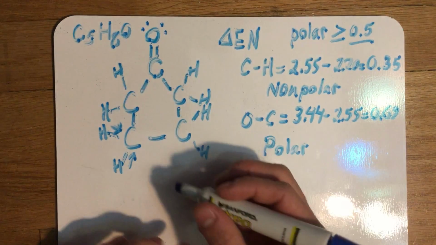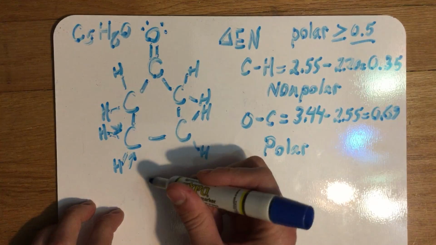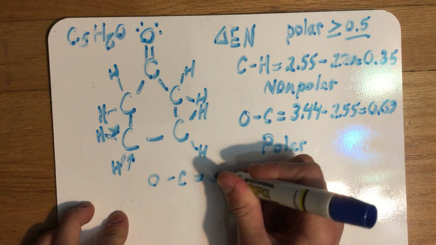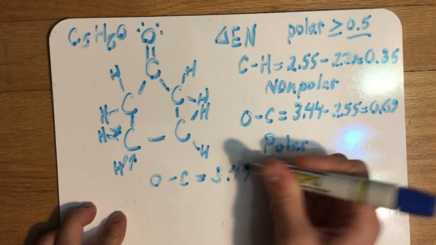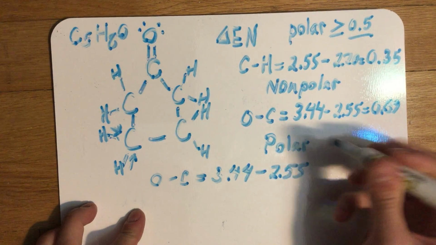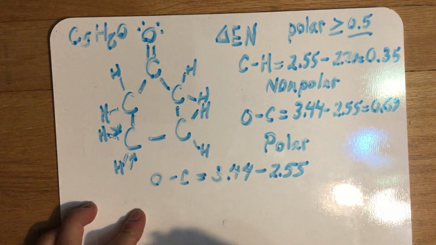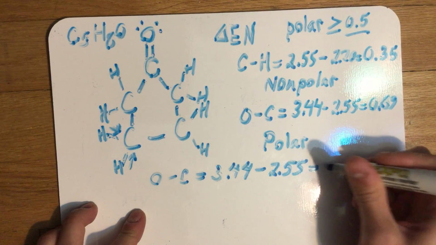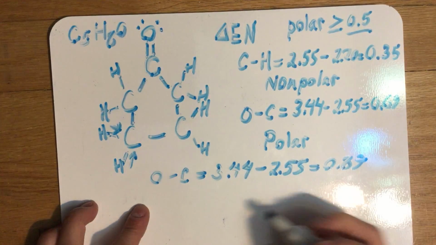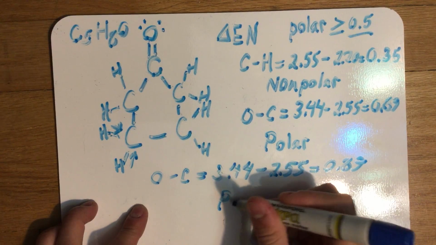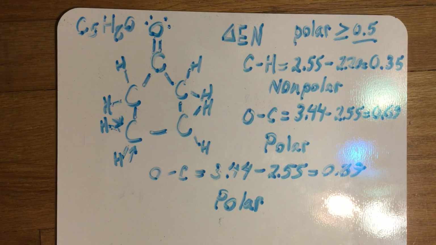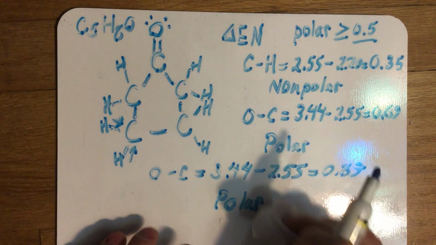So just how it was up here, oxygen and carbon bond equals 3.44, because that is the electronegativity of oxygen, minus 2.55, because that is the electronegativity of carbon, equals 0.89. And again, 0.89 is bigger than 0.5. So the molecule as a whole is a polar covalent bond. So that is how you find the polarity of it.